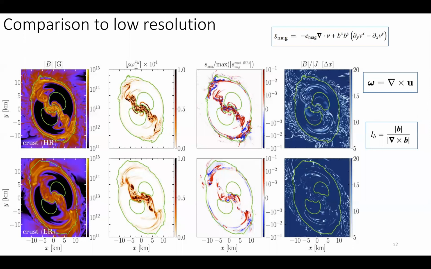Due to the low resolution, it is extended over a larger number of grid points, such that the magnetic fields located in the crust, after some time, have a bigger extent. And due to this fact, magnetic fields can somehow amplify longer in the whole amplification process. However, the overall trend, so the overall difference that we observe between crust and full, somehow remains the same. Okay.